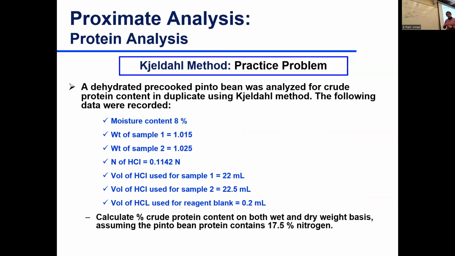Now, this value that we've gotten, the 19.7, is on dry basis. In 100 grams of dry matter, so 19.7 grams in 100 grams of dry matter. When the sample is moist, we have 8% moisture, so we have 92 grams of dry matter.